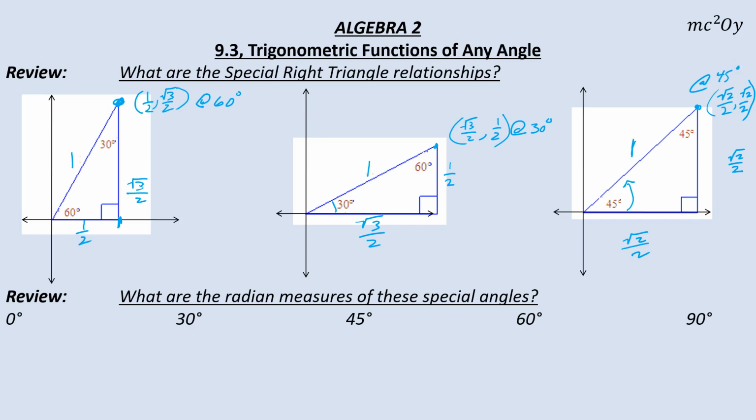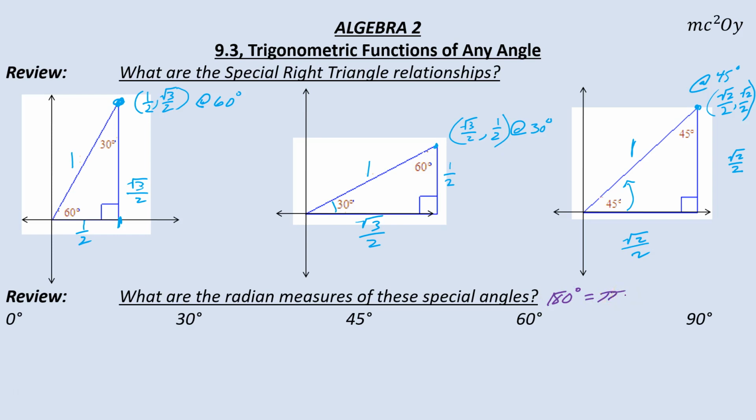We're going to use those here in a minute, but before we do that, I want to review our radian measures as well. So remember the relationship between degrees and radians. Okay, 180 degrees is pi radians, right? So 180 degrees equals pi radians.